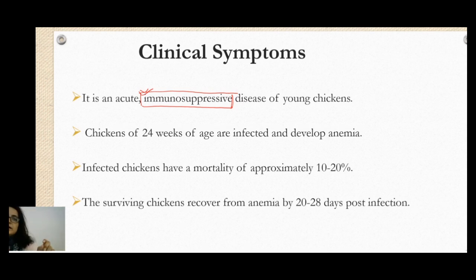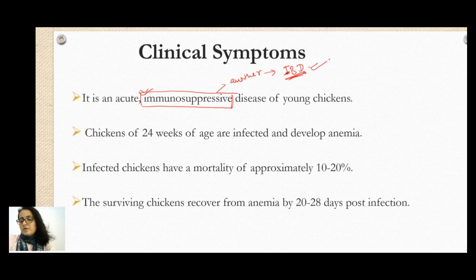Another viral disease that is also immunosuppressive is infectious bursal disease, which we will discuss later. So the two immunosuppressive diseases in birds are chicken anemia virus and infectious bursal disease.